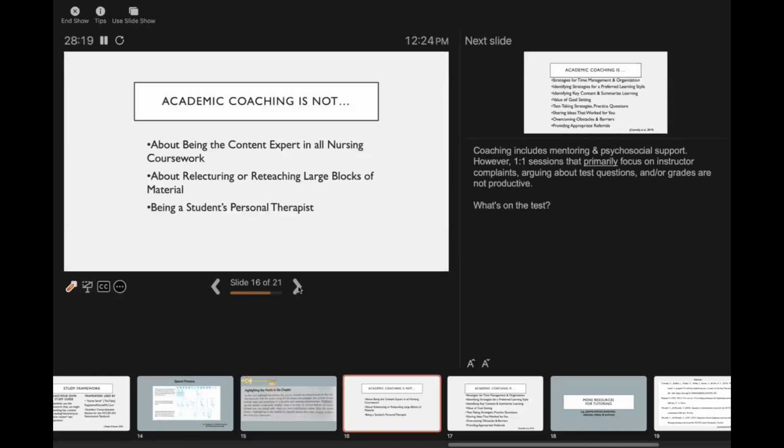Or the other one is people will say, well, what's on the test, right? And that again is really not what tutoring is about. Tutoring is about helping students become self-sufficient and knowing what is important information. So I think it's very fair if you find yourself in one of those situations to say, I hear that you're frustrated, but here is what I can help you with.